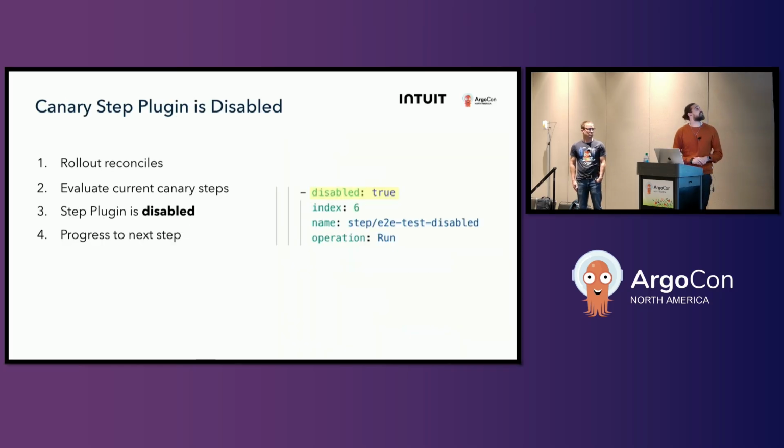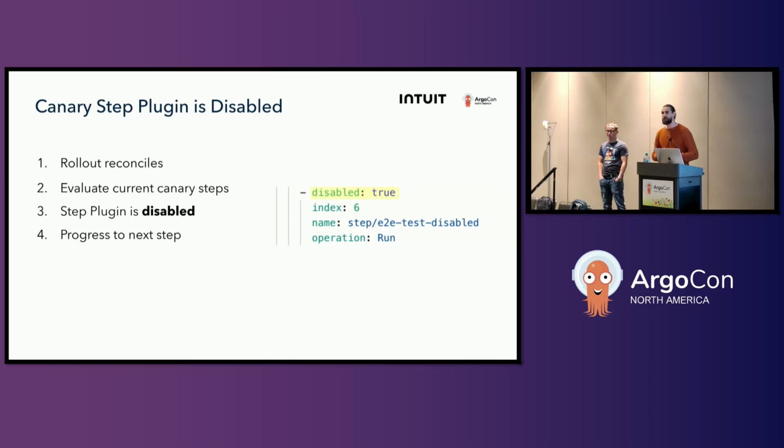And finally, the disable use case that I talked about earlier. So let's say Jenkins is down. It happens. Maybe the Jenkins team is doing maintenance, so your endpoint is not available. What would happen if the endpoint is not available? The plugin will return error, and no rollouts in your company would be able to progress to the next step.